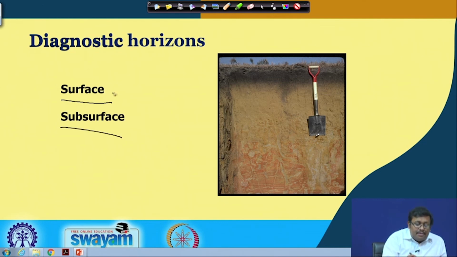Another name of surface horizon is Epipedon, and the other name of subsurface horizon is Endopedon.